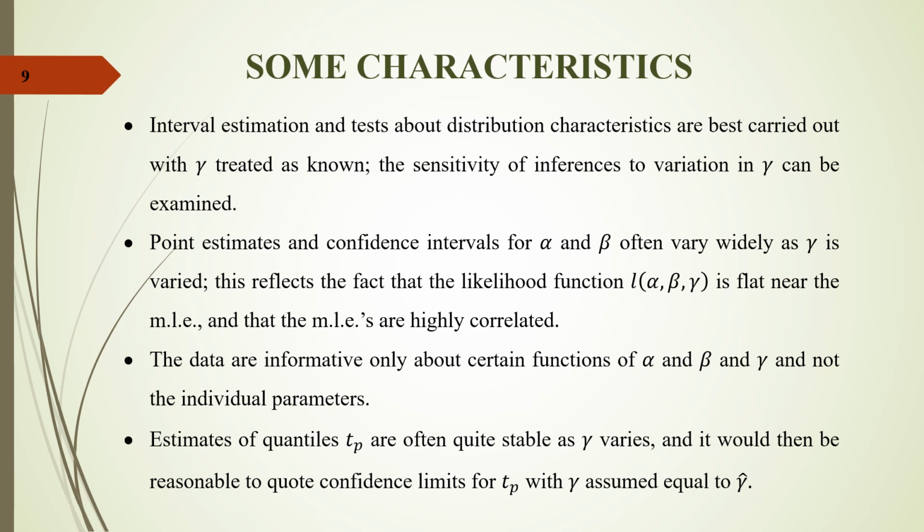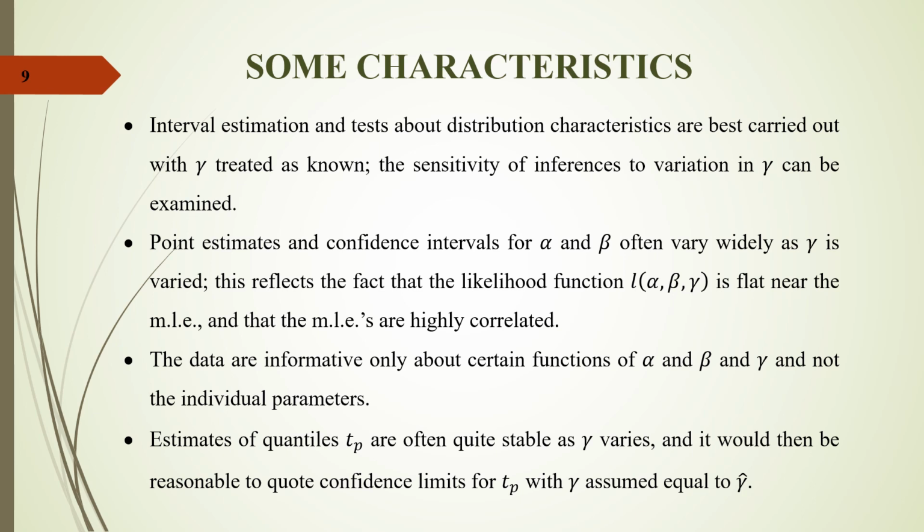Here we are given some characteristics of threshold parameters. 1. Interval estimation and tests about distribution characteristics are best carried out with gamma treated as known. The sensitivity of inferences to variation in gamma can be examined. Point estimates and confidence intervals for alpha and beta often vary widely as gamma is varied.